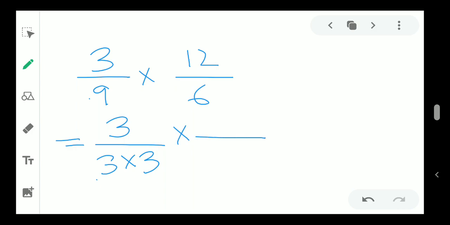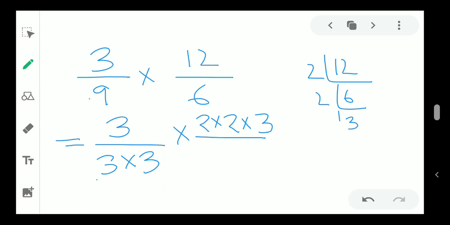In the position of 12, I can write 2 into 2 into 3. You can directly factorize them to find out what components they have, and put them there.